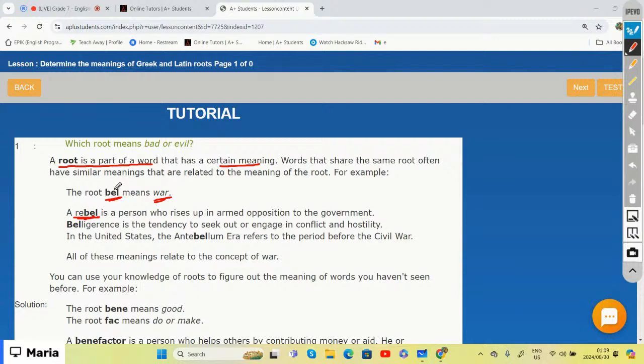If we look at our next word, belligerence, there we have bell in that word. Belligerence is a tendency to seek out or engage in conflict and hostility.